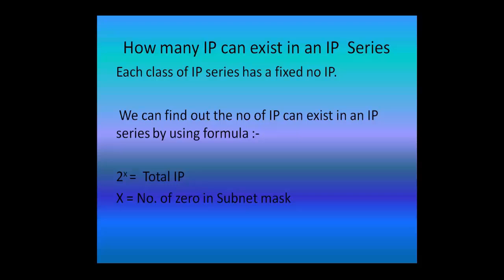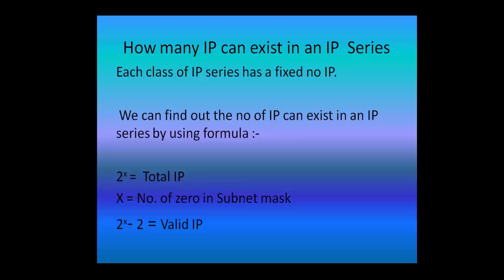First look at the last formula also. 2 raised to power x minus 2 is the valid IP. With the help of a single formula, we can calculate how many IPs can exist in a class.